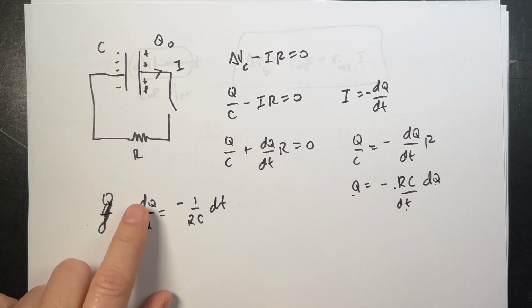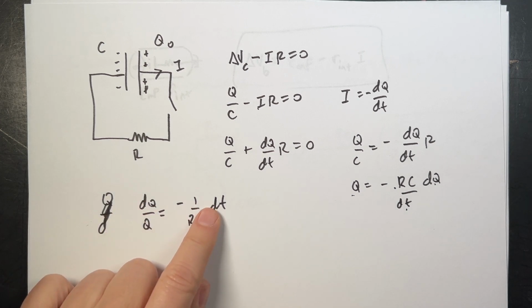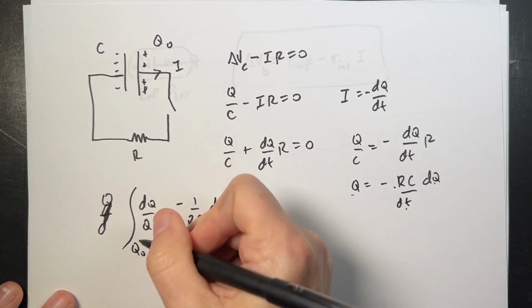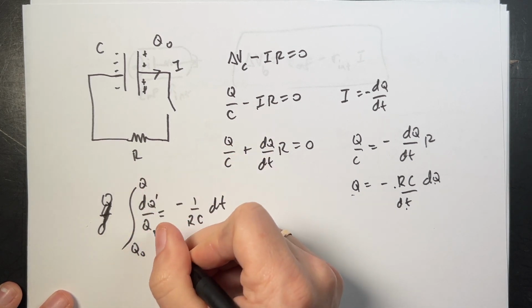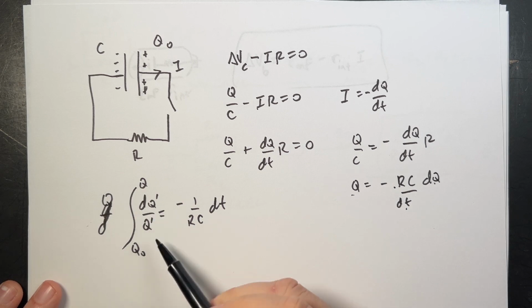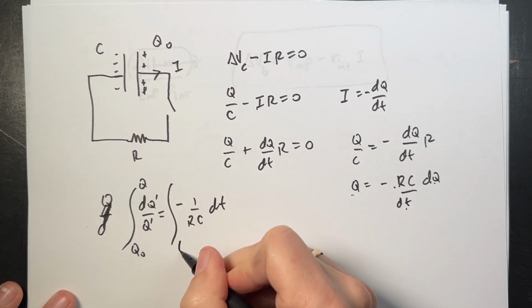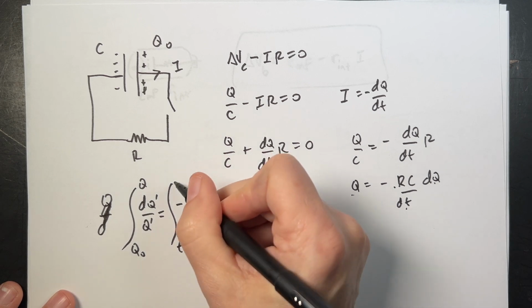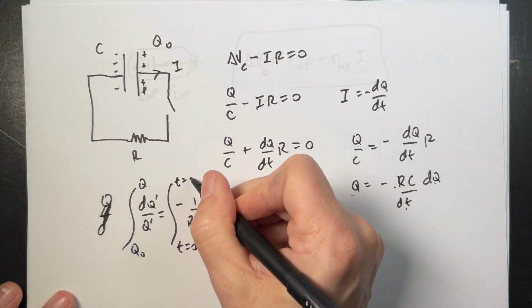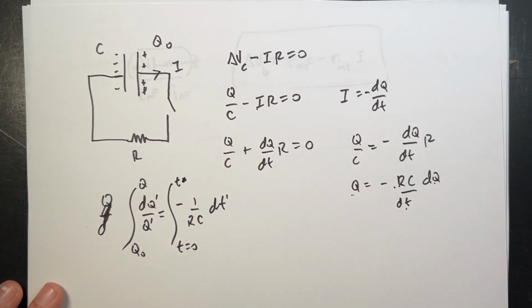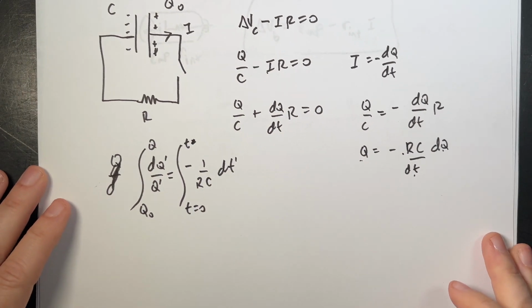Now I only have q on this side. I only have t's on this side, so I can integrate this from q0 to q, and I'm going to call these q primes, just so I don't get my integration variable and my final variable mixed up. And then I'm going to integrate this from t equals 0 to just t, and now I'll call that t prime. Okay, so we can integrate this.